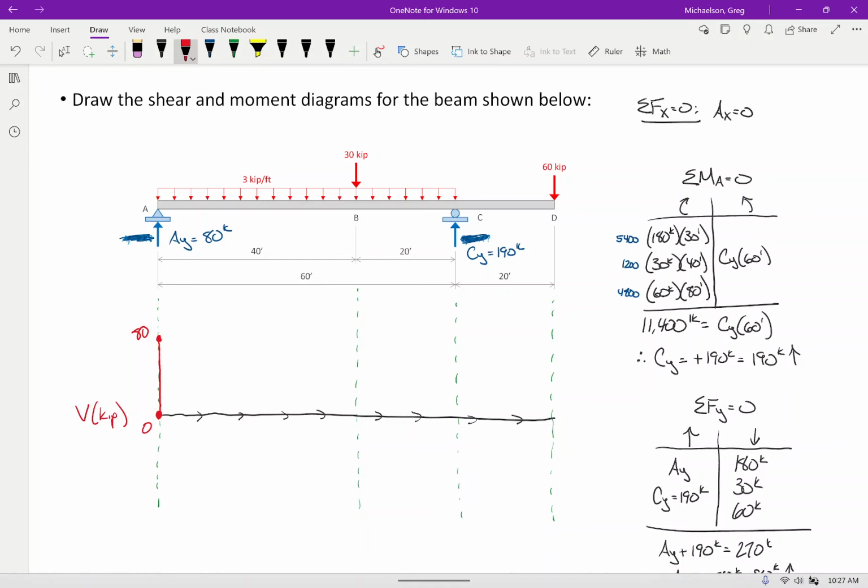A line. We're all saying the same thing. So it should look something about like that. Remember how I said straight edges would help? So that's what my shear diagram looks like from A to B.